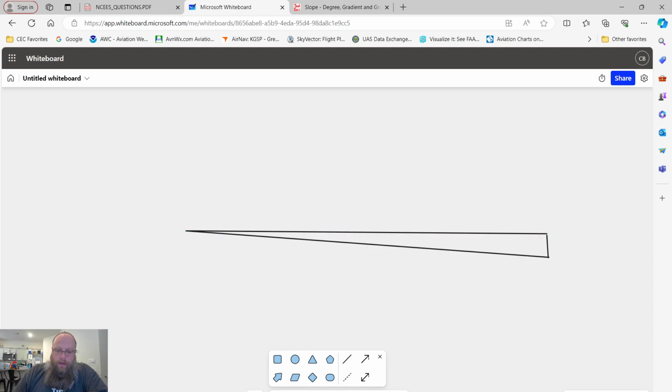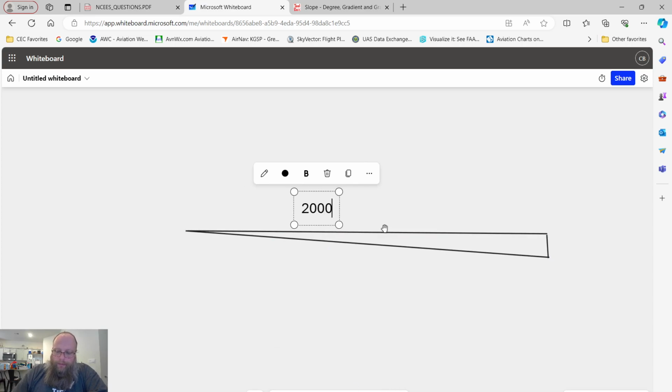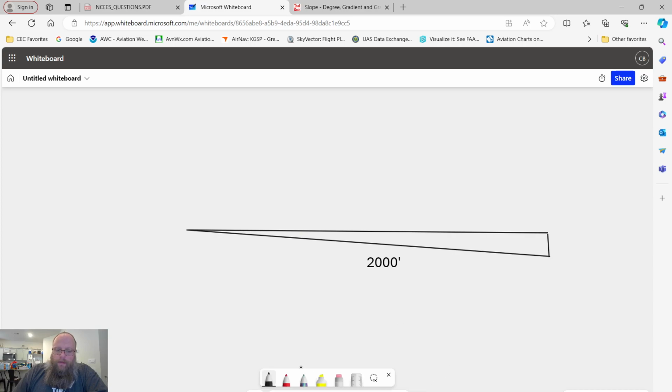So 2,000 foot, we know that for sure, and 2,000 foot will be on the long side. All right, just labeling the information we know. We know that this line is on a 5% grade, and that's going to be our 90. So here we go.